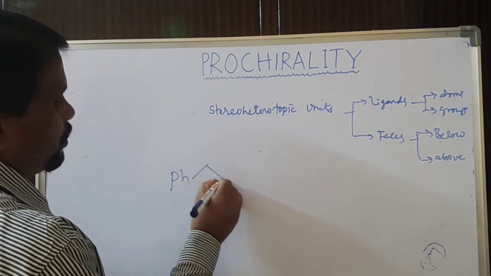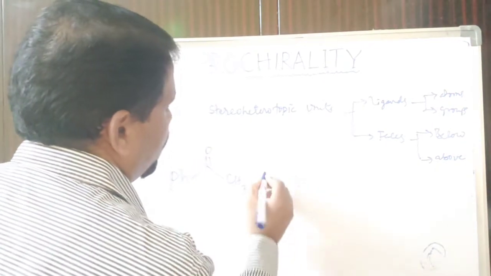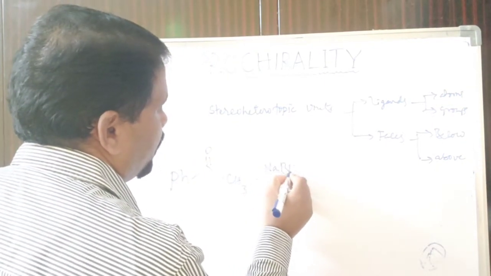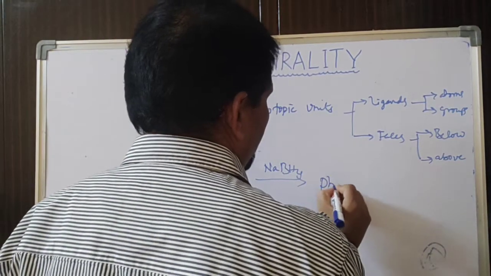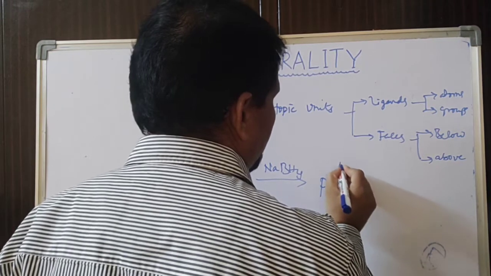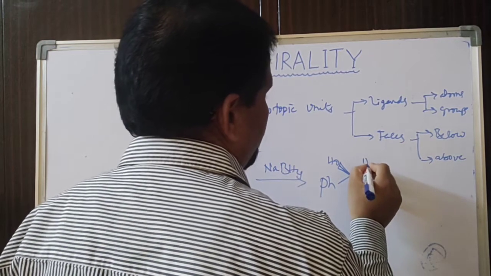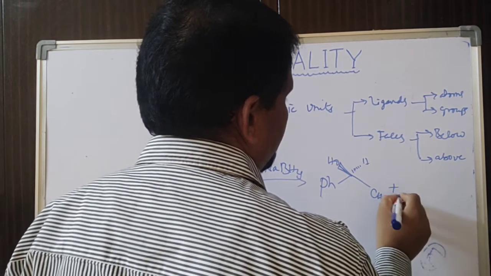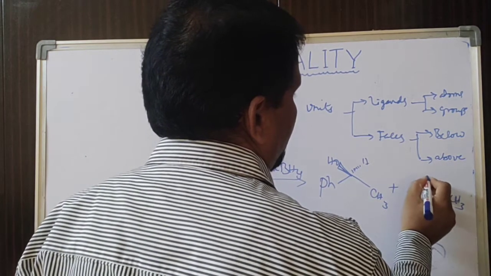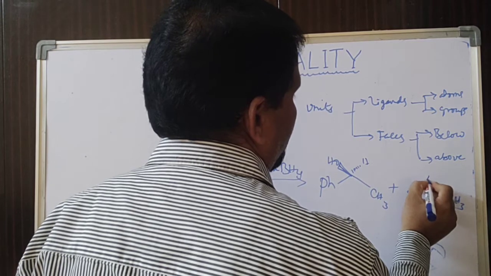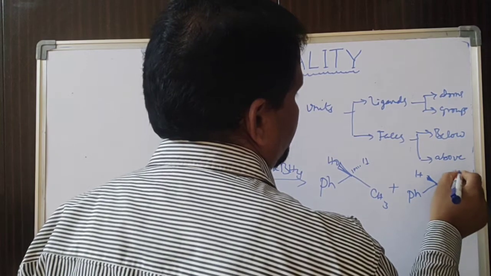This acetophenone is converted with the help of sodium borohydride to chiral stereoisomers, with H, CH3 plus pH, CH3, OH.